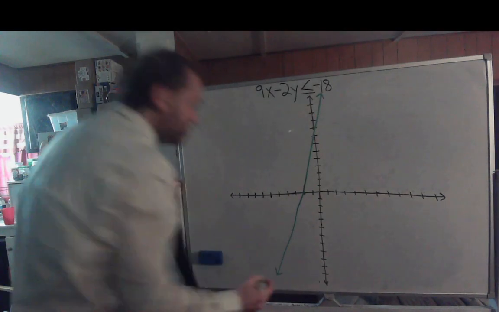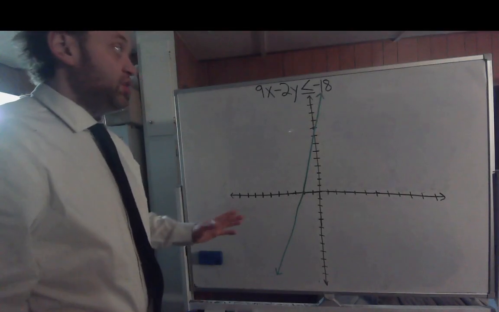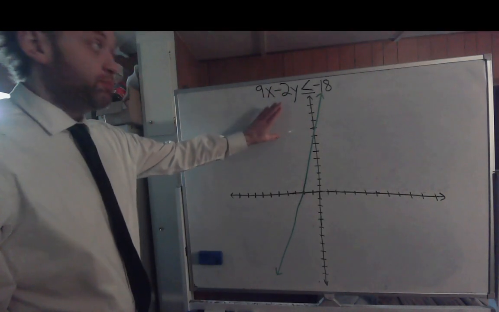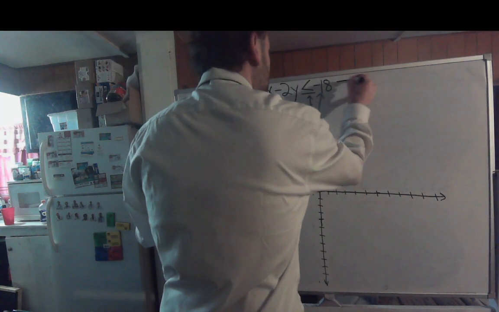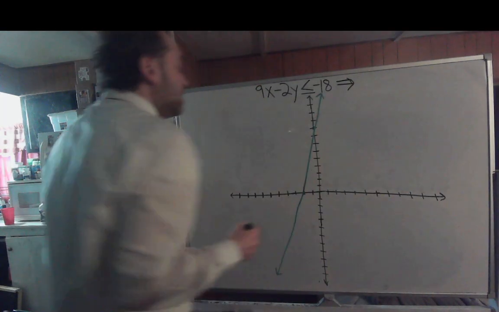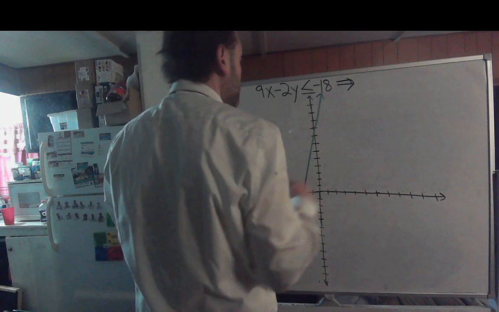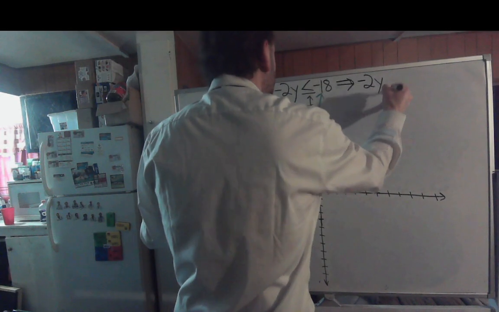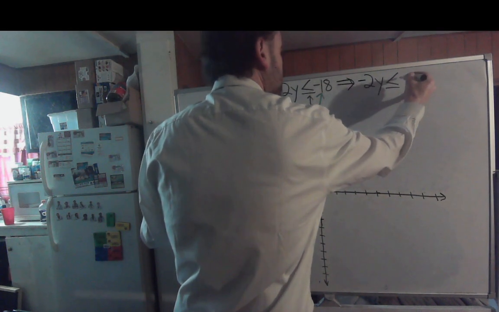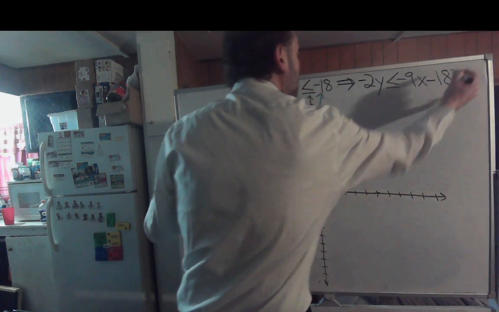Now, to know which region you're shading, you want to convert this into slope-intercept form. So let's go ahead and get the y by itself first. That would give you negative 2y is less than or equal to negative 9x minus 18.